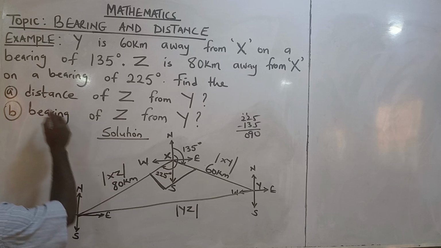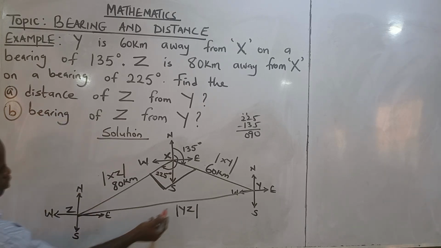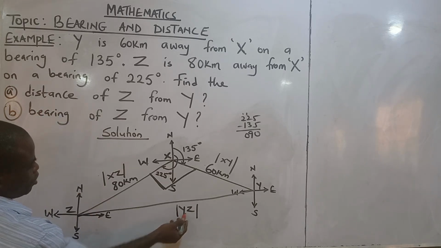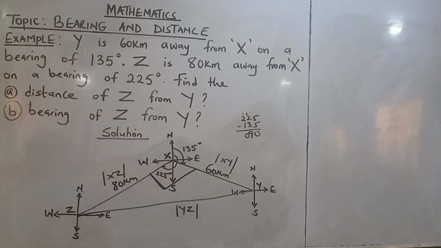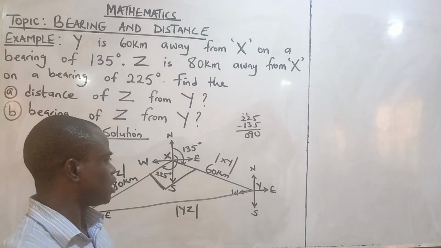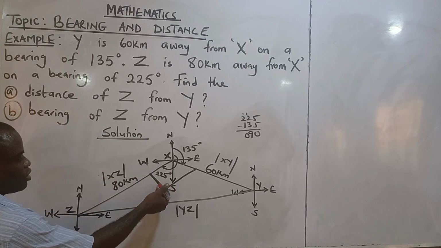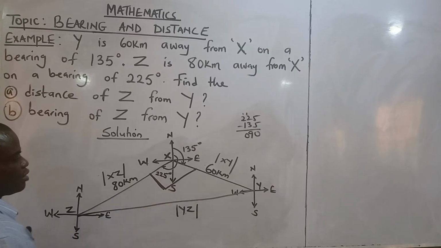Now we have to look for the distance, which is this distance. What formula can we use? We can use Pythagoras theorem. You don't need to go as far as using cosine rule or sine rule. Use Pythagoras theorem because this is 90 degrees already.